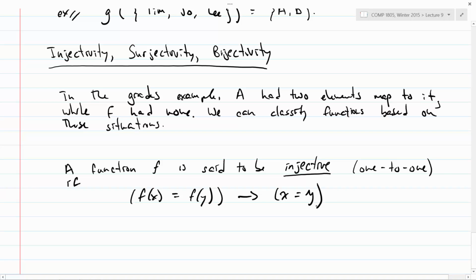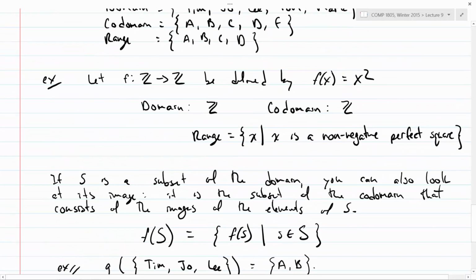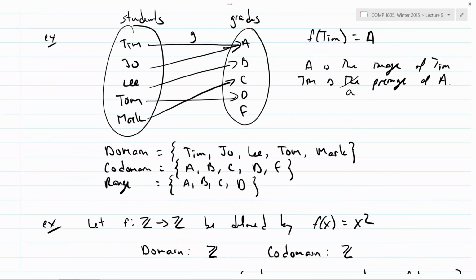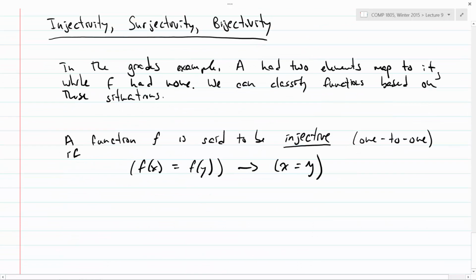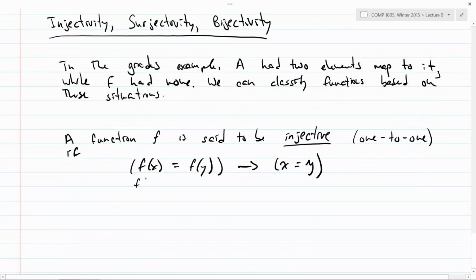Okay, so this means you wouldn't have a situation like in the grades example where two different people got the same letter grade. Right? Because in that case, you would have f of Tim equals f of Joe. Guess there wasn't an E. Implies that Tim equals Joe.